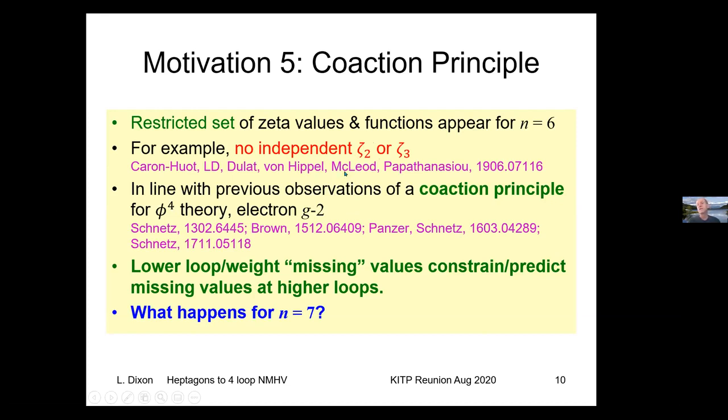It's always attached to logarithms, as I indicated earlier. Also, zeta 3 is not independent. In fact, it's very shy. It doesn't really show up at a certain point in the phase space. So we would like to know what happens for n=7 in order to input this information into understanding the structure of this particular setting.